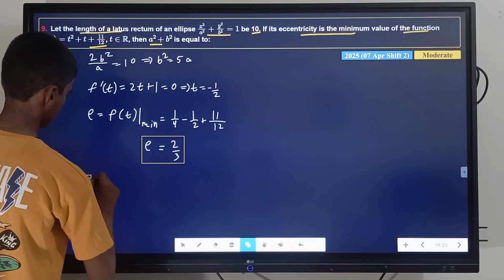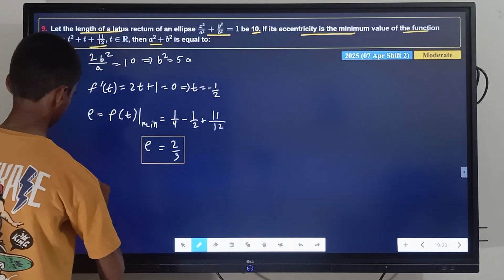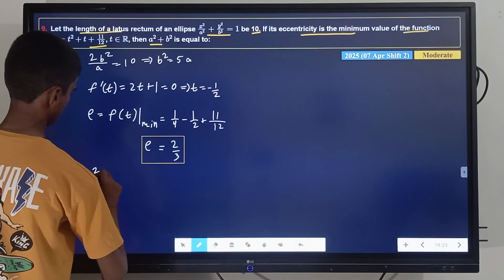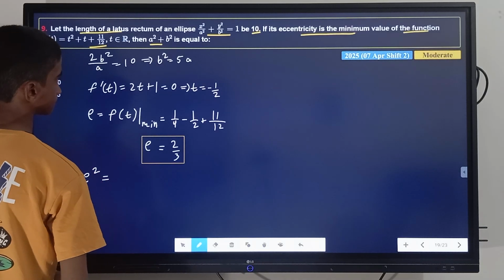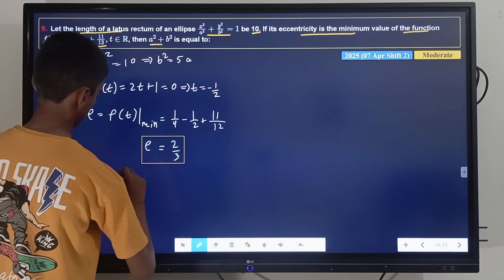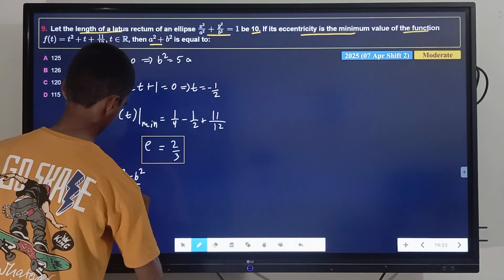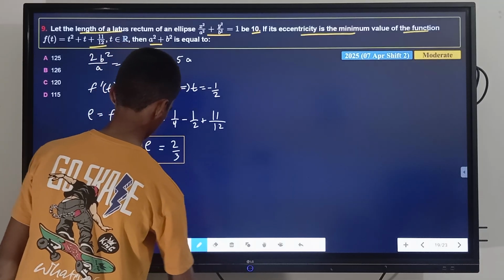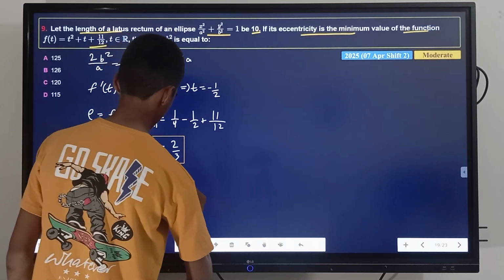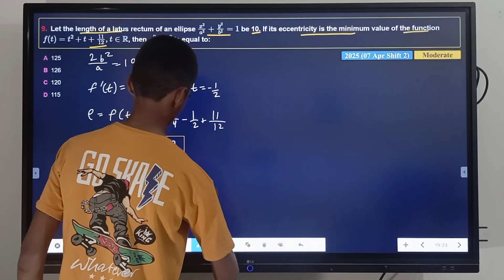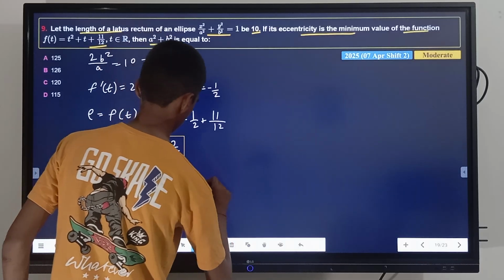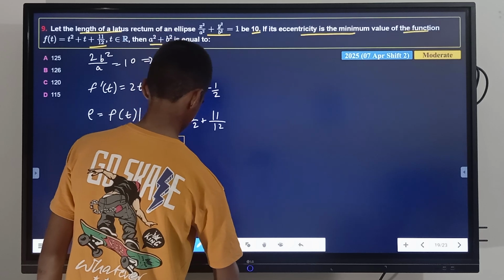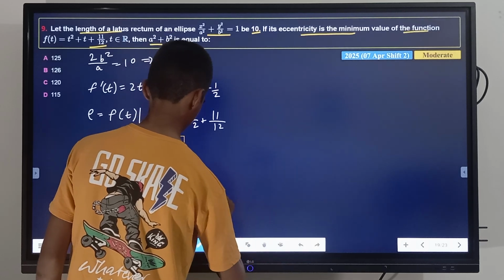Now our e square is equal to a square minus b square upon a square. This is equal to 4 by 9 from here. 4 by 9 is equal to a square minus b square, b square is 5a, so minus 5a upon a square.